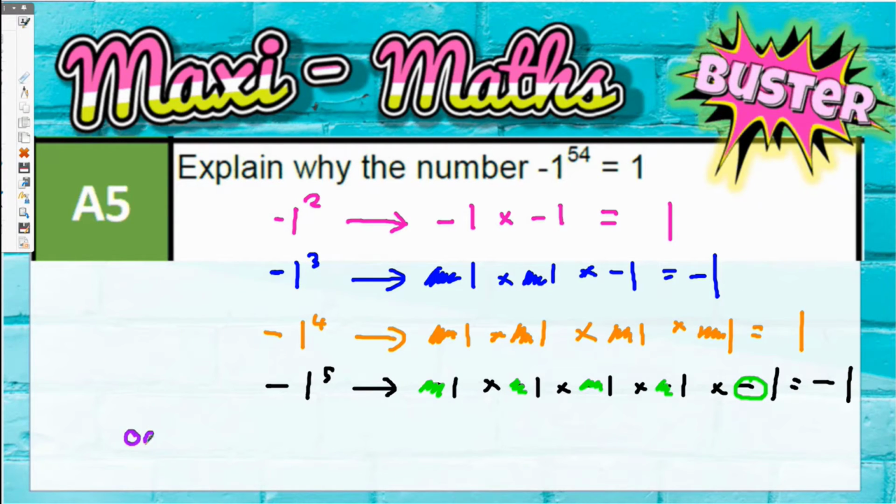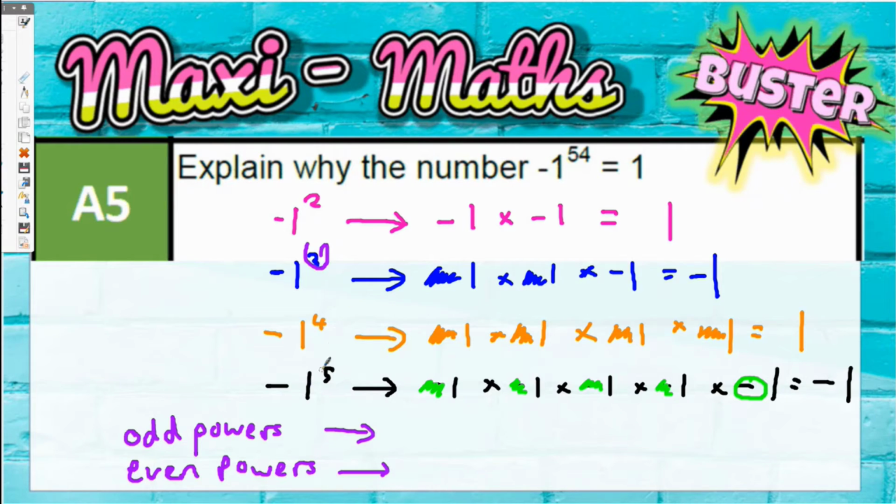Now what you might notice is that there are odd powers of -1 and there are even powers of -1. And if it's an odd power, so like 3 and 5, that means you would always have one extra negative left over at the end that couldn't be paired up, which means the answer would be -1.